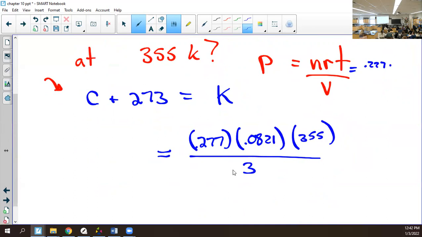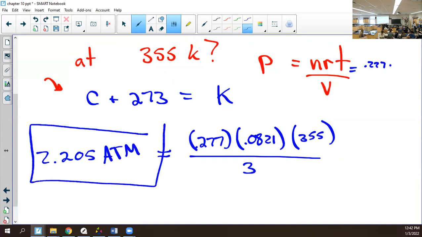What'd you get? 2.205. Who agrees? Okay. What would the unit of this be? ATM. So this would be under roughly twice as much pressure as we are sitting right here.